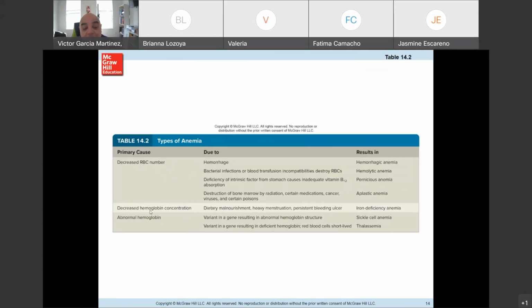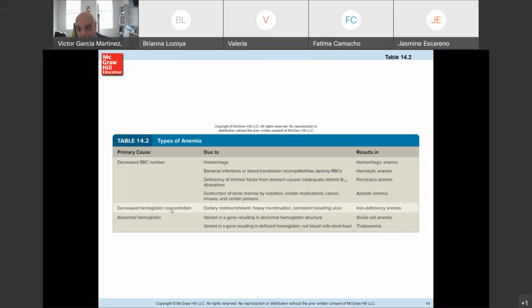If you have decreased hemoglobin concentration, again, the most common cause is iron deficiency, and the anemia is going to be iron deficiency anemia. Then you can have malnourishment, heavy menstruation, women can have heavy menstruations, or a persistent bleeding ulcer. All of them are causes for decreasing the hemoglobin concentration.